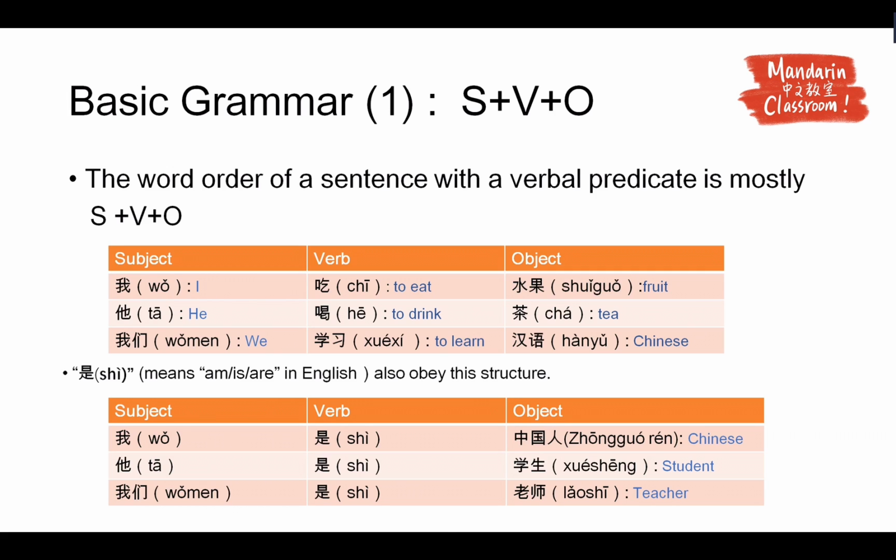And about the second sentence, he is a student. We could say in Chinese, 他是学生. And the last line, 我们是老师 means we are teachers. Okay?